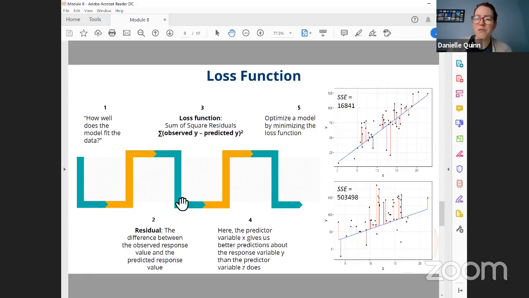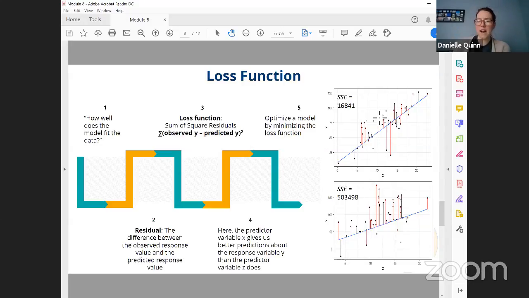So for example, if we were to look at this point right here that I'm highlighting, we would say that the observed response value here is about 75, 80 maybe. And the predicted value at that value of x is down around, say, 55. And so the difference between 80 and 55, that is our residual.